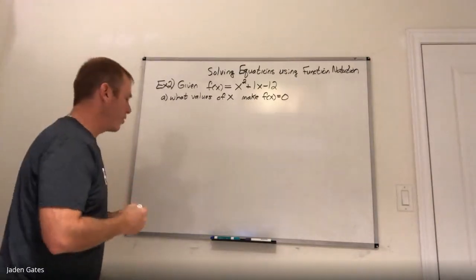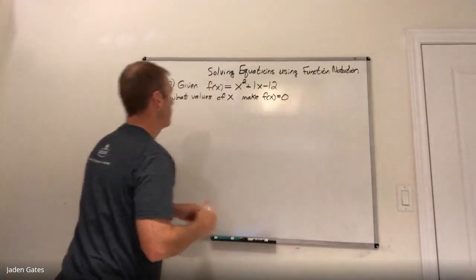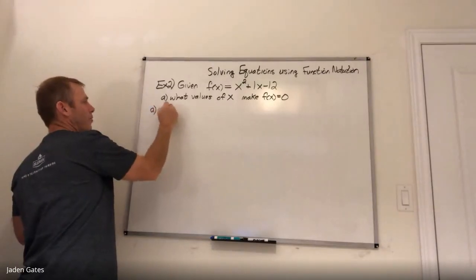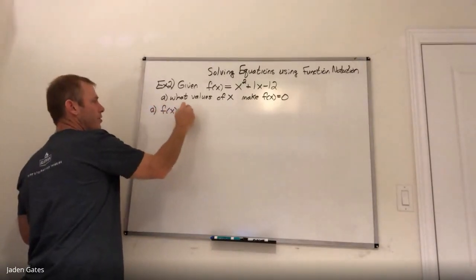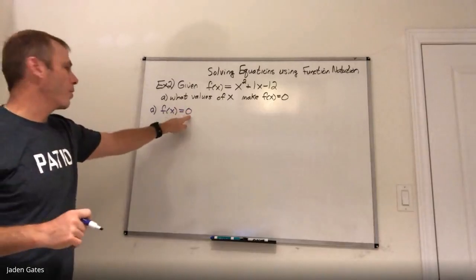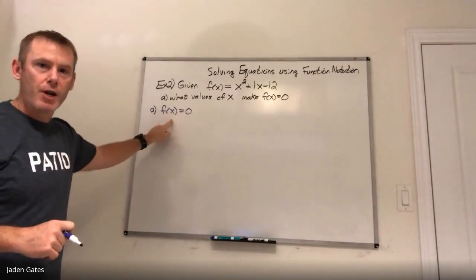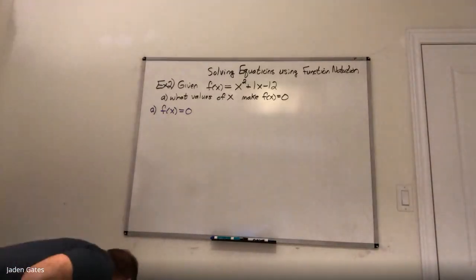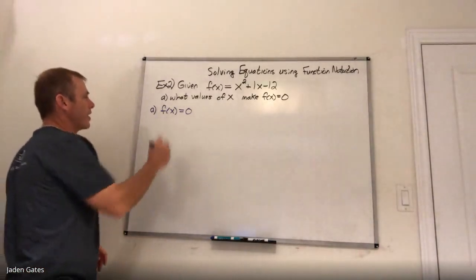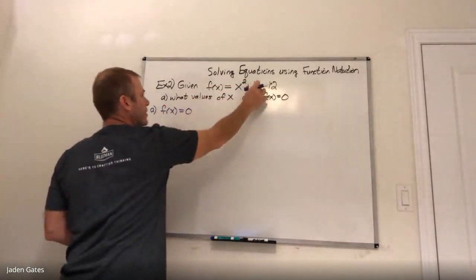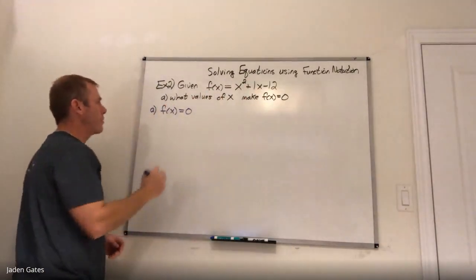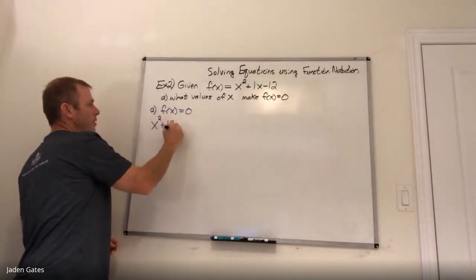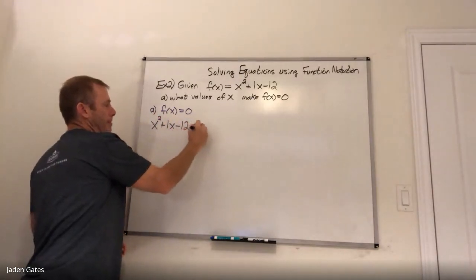I want to know, looking at A here, our function is equal to 0, in other words, our y value is 0. What is the x value that we're looking at? So again, just like the last question, I'm going to substitute in for f of x because I know it's this quadratic here, x squared plus 1x minus 12. So I'm going to make that substitution.